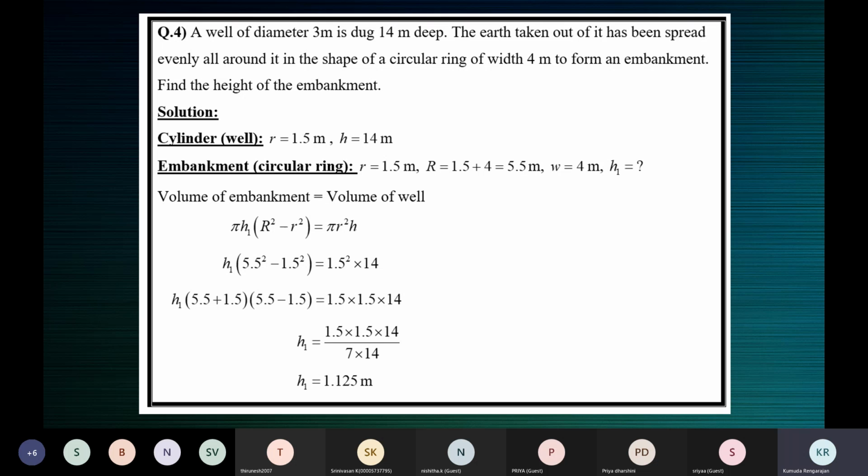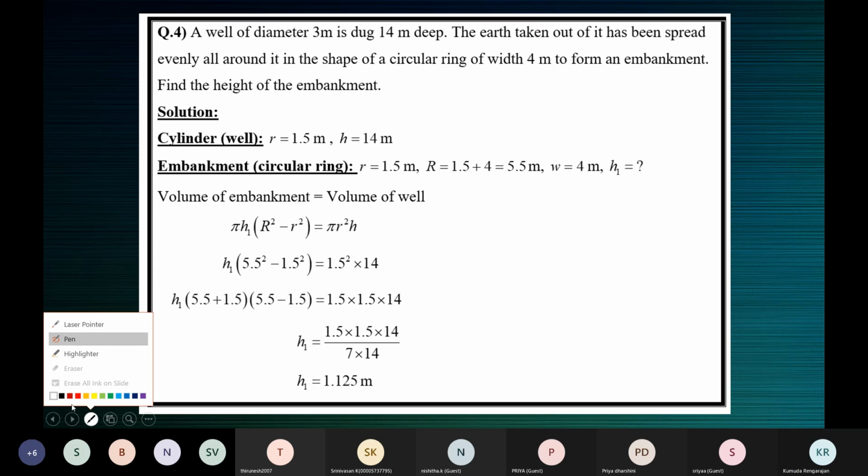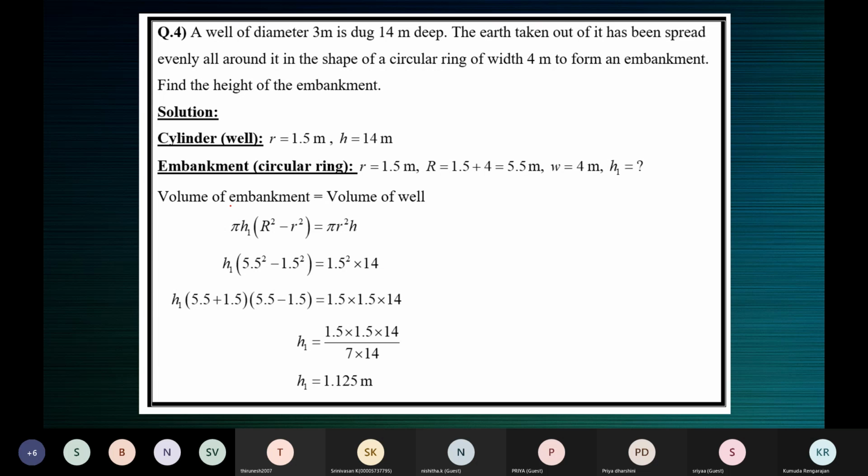You can write volume of the well or the volume of the earth removed from the well, all the same, equal to volume of earth in the embankment.